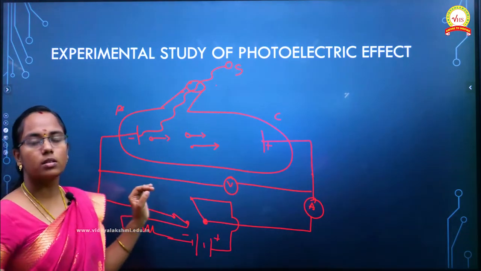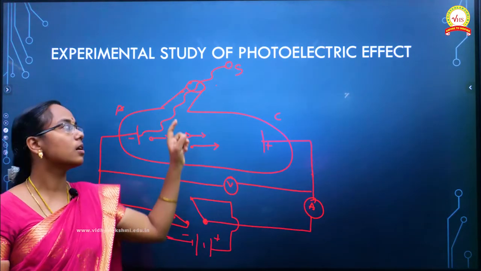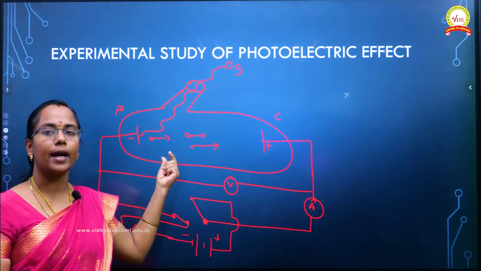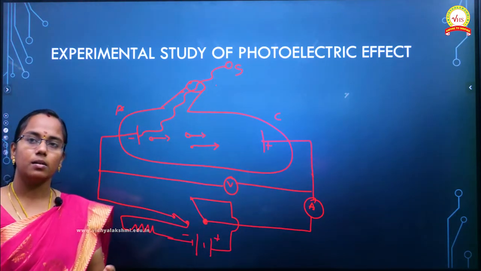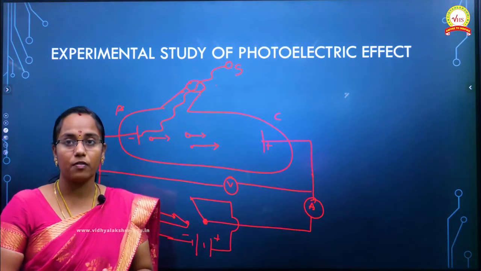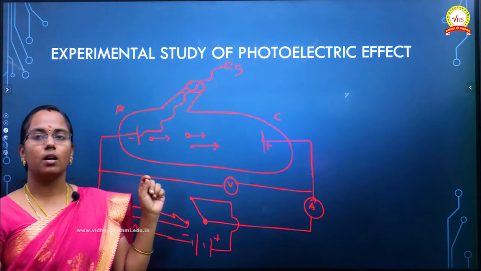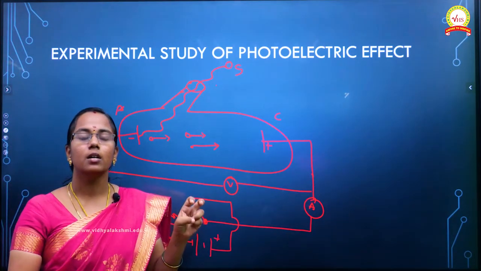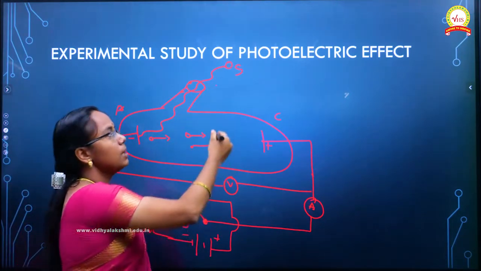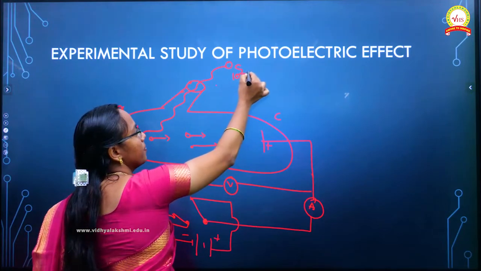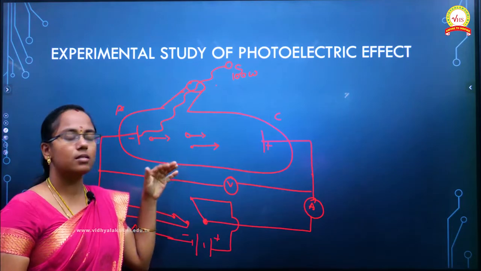Then based on this, what Hallwachs and Lenard did is they varied the intensity and frequency of the light and plotted a graph and observed them. By varying the frequency and intensity of light, what do we mean? We can vary the intensity of light by varying its watt. If I connect a yellow color bulb of 100 watt initially, then its intensity will be some value.